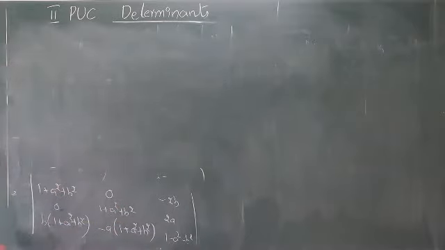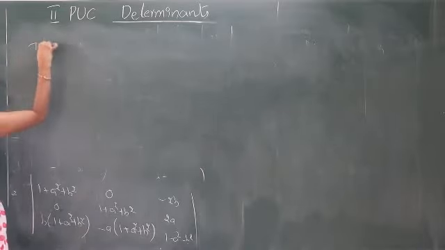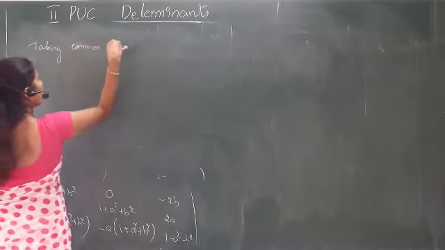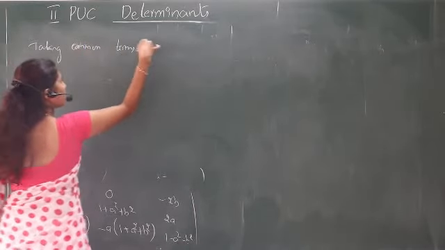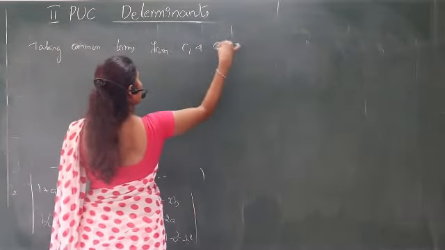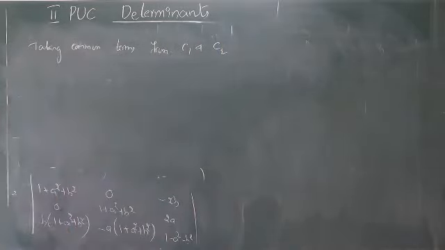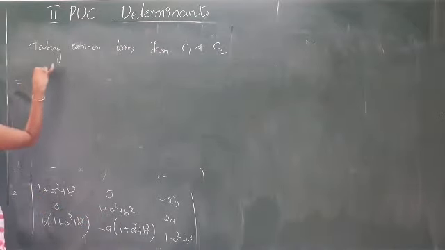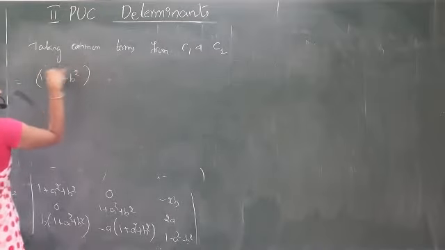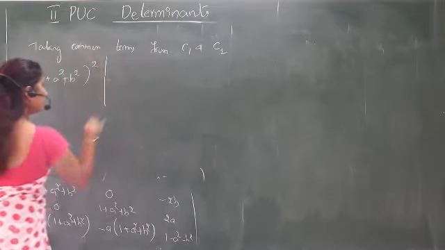So taking common terms from C1 and C2, one factor from C1, 1 plus A square plus B square, and one more from C2. So it will be 1 plus A square plus B square whole square.